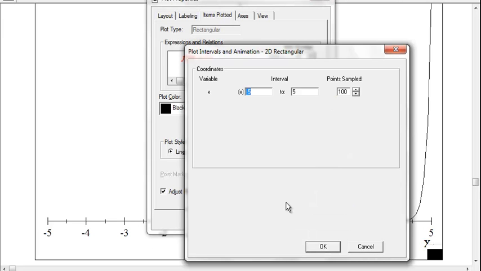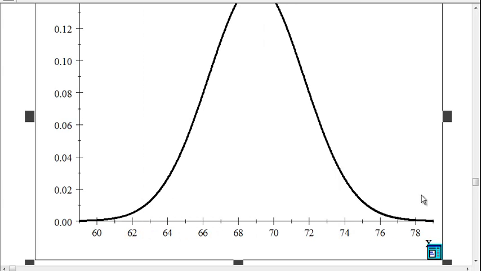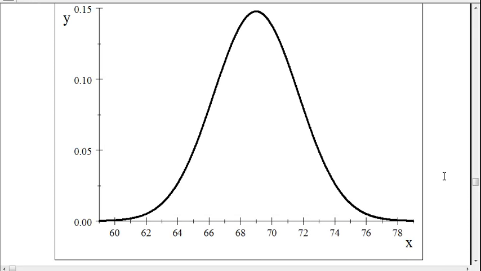So 69, let me go from 59 through 79, right? You can see we have a different looking normal distribution, don't we? Everybody fine?